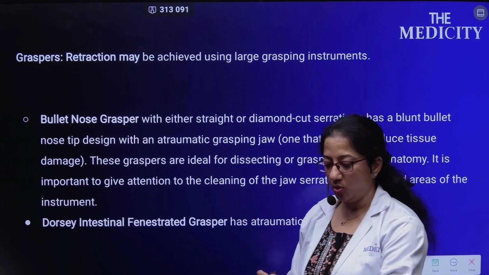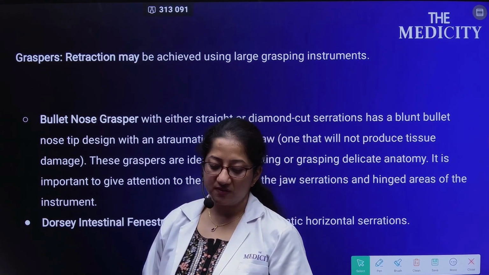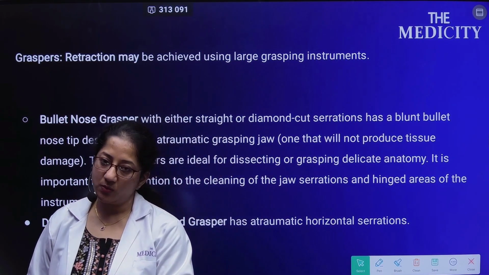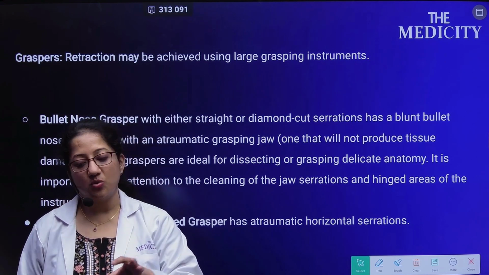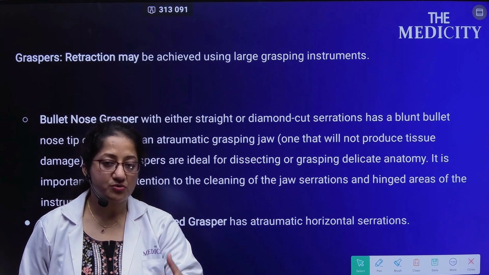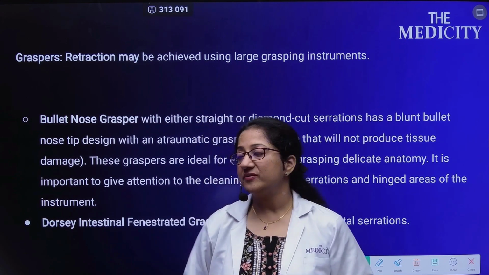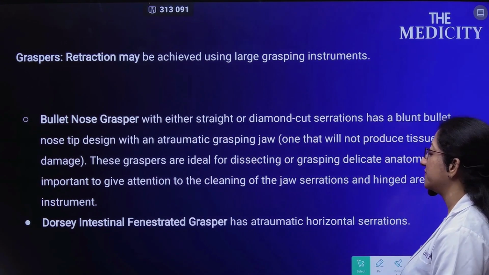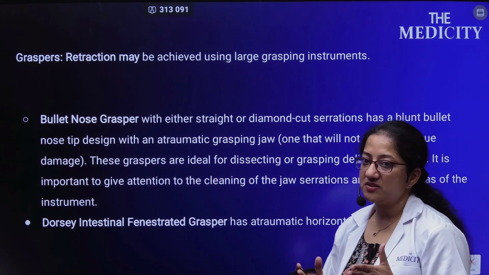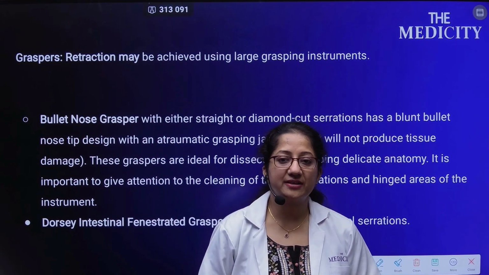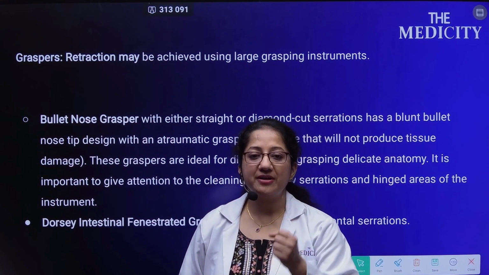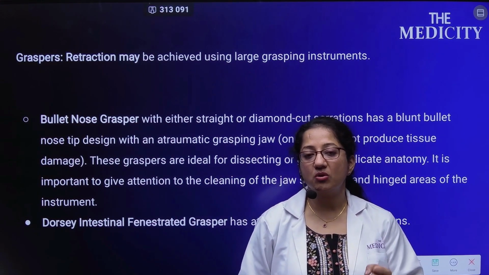Graspers. Now we need to hold the structures in laparoscopic surgery. We may need to hold the bowel, the rectus sheath, a cyst or the uterus. So we should know what instruments to use for what structures. We have the bullet nose grasper and the dorsi-intestinal fenestrated grasper. Intestine is a very delicate structure which should not get injured, so we use atraumatic grasping instruments to hold the intestines.